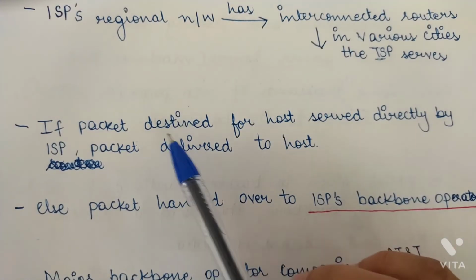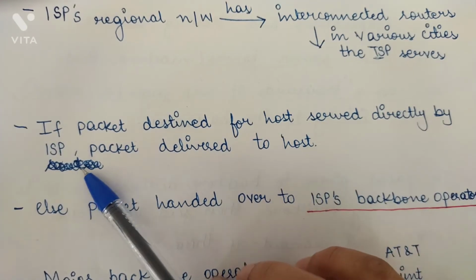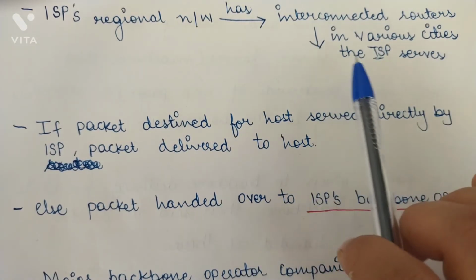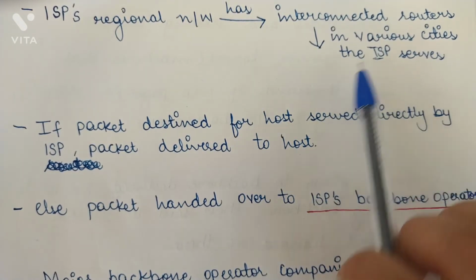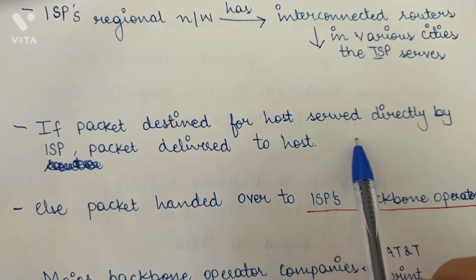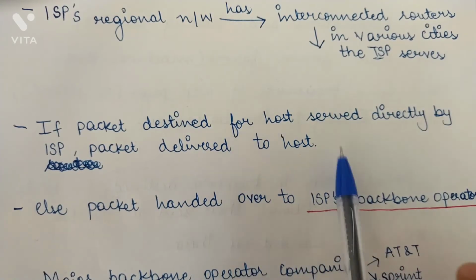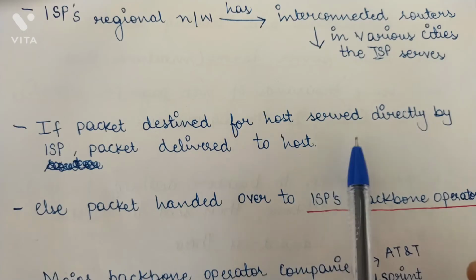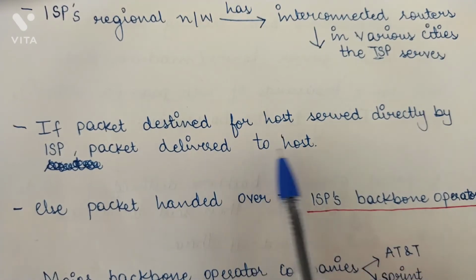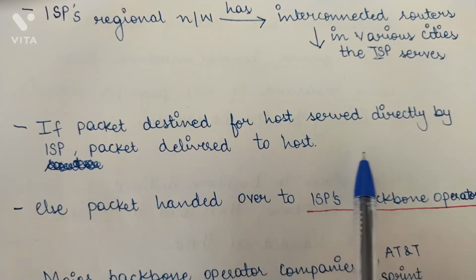If a packet is destined for a host served directly by the internet service provider, the packet is delivered to that host, right? So if the internet service provider is serving in one city, say Dehradun, and the same provider is serving in Delhi also, and the packet is destined for a host in Delhi, host meaning the computer or machine in Delhi, then your ISP will directly transfer it to that particular host, because the ISP in Dehradun is also Airtel and the ISP in Delhi is also Airtel.